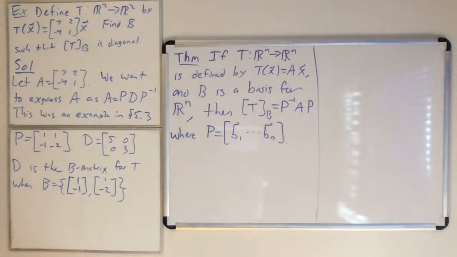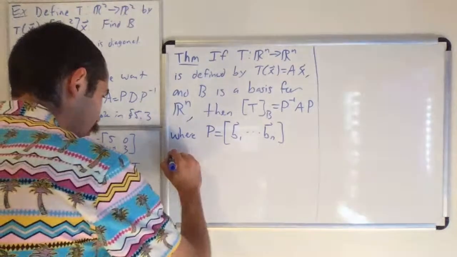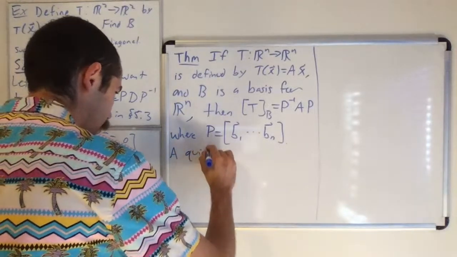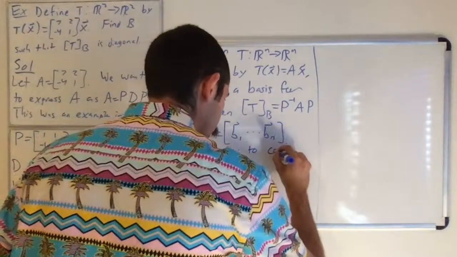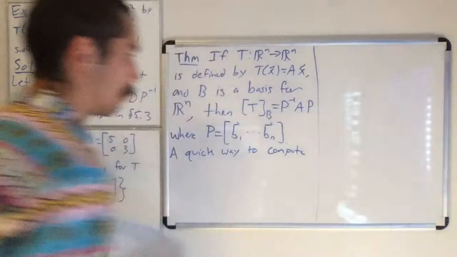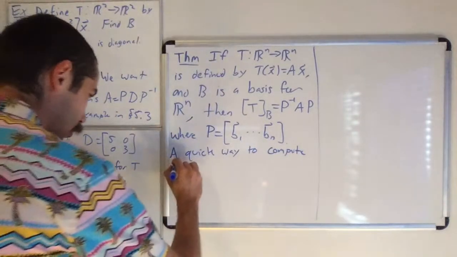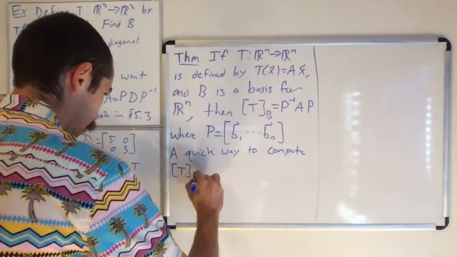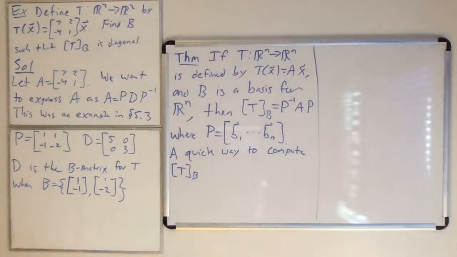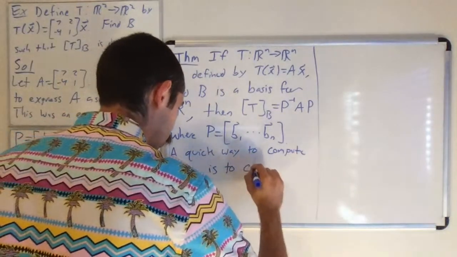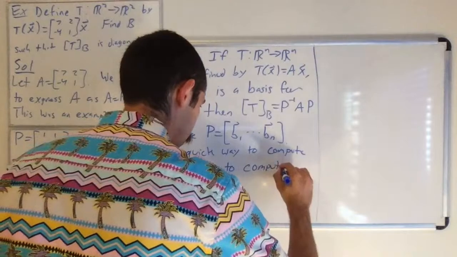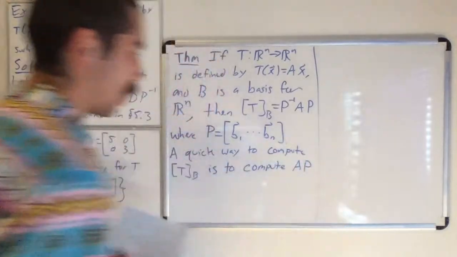But there's a shortcut we could use, which I'll write down now, which will make this a little bit easier. So a quick way to compute the B matrix of T is to first compute the product A times P, right?